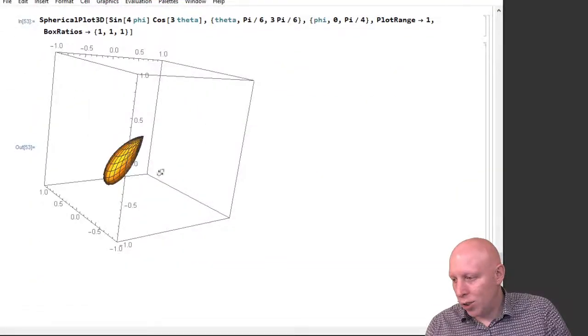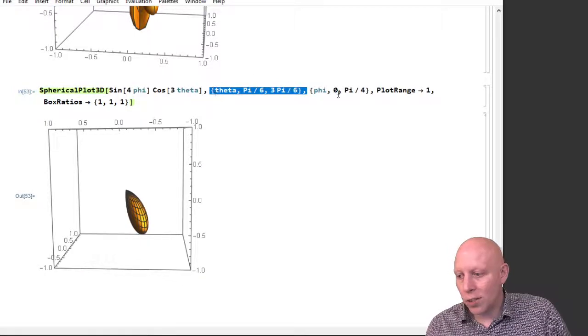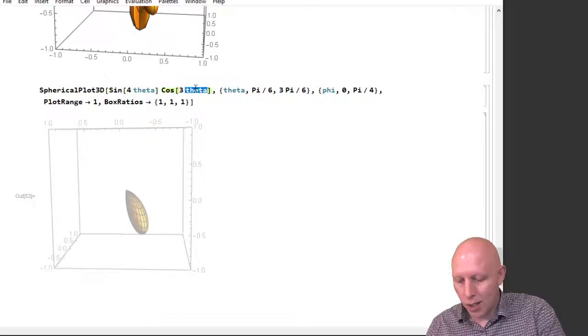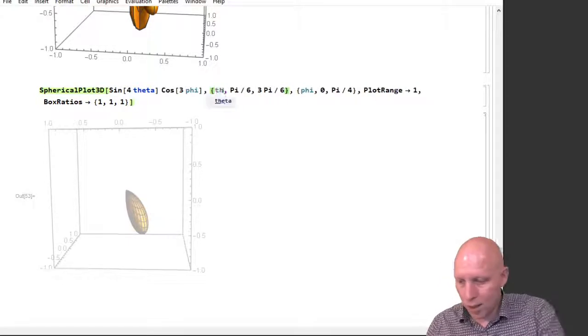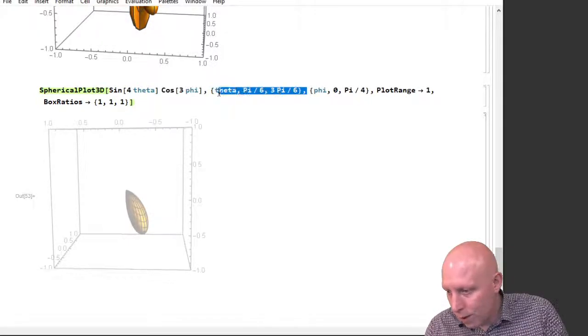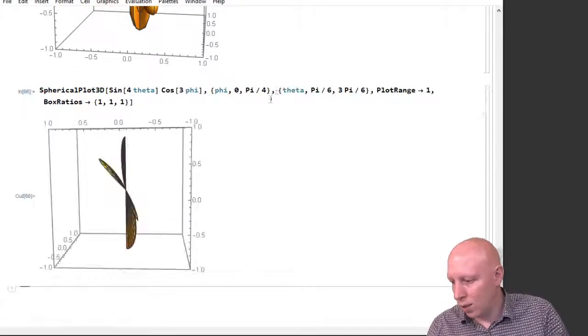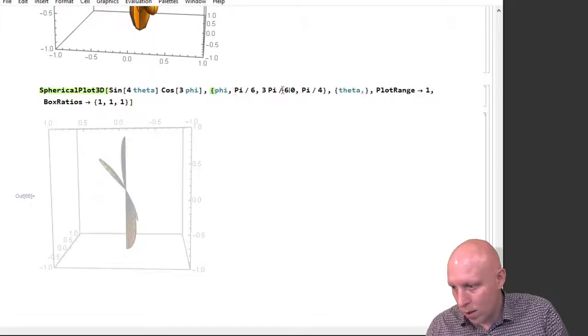And if you want to just choose one, you can restrict your bounds on theta and phi. Remember, since these are backwards, what we really have is this as our equation.